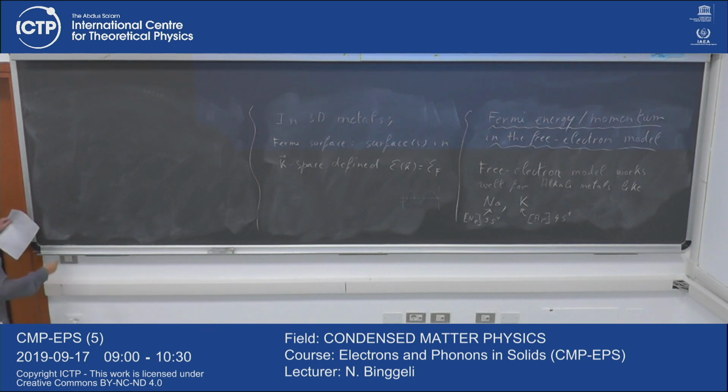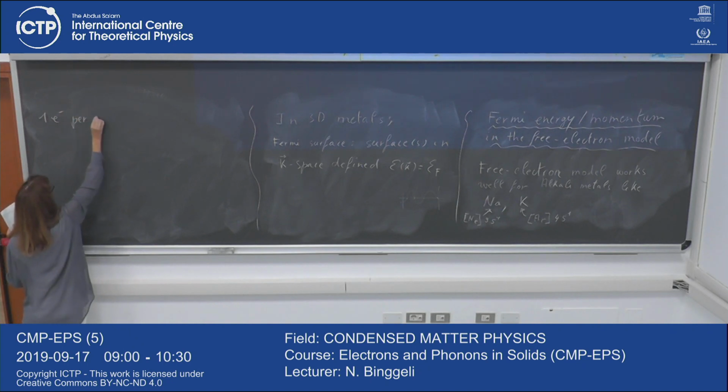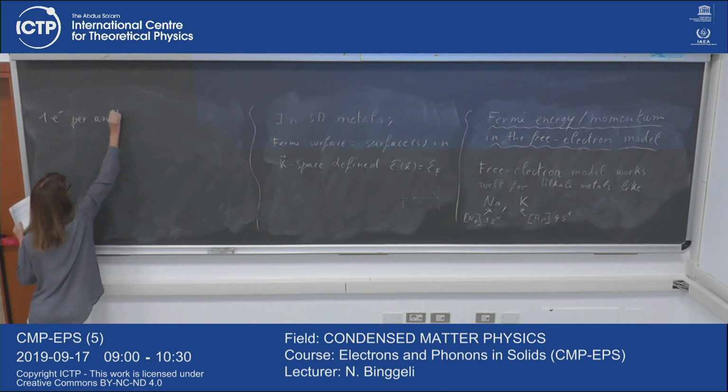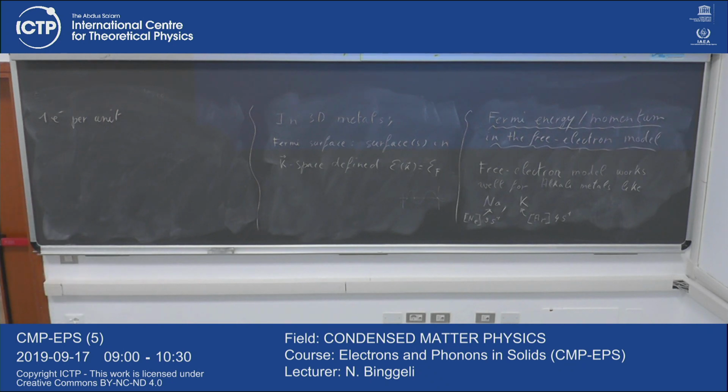Okay, so as I mentioned here, these elements have one valence electron, and therefore the corresponding crystal has one electron per unit cell, BCC cell. So one electron per unit cell. I have a question, yes. The whole concept of the valence electrons: where do we draw the line for the valence electrons?